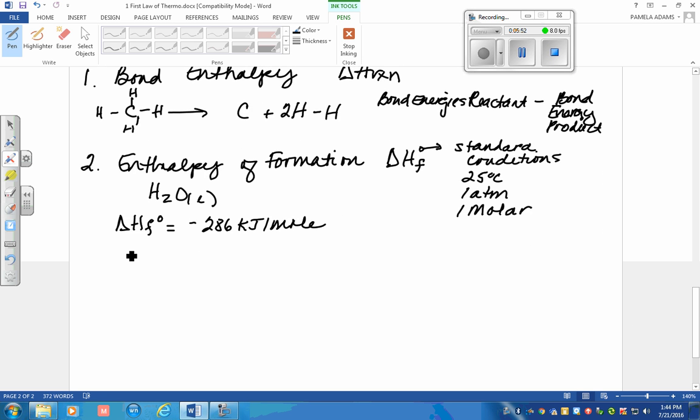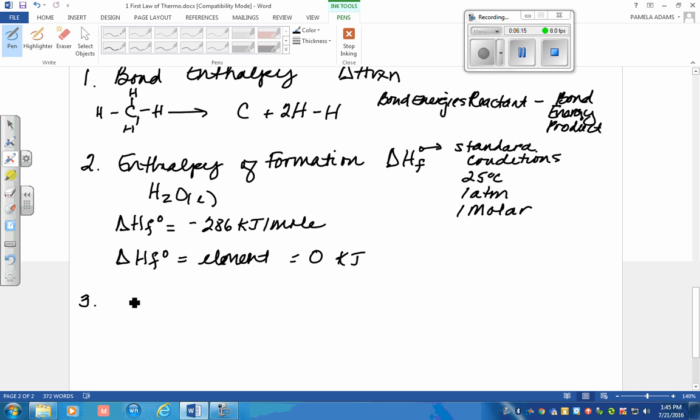By definition, the enthalpy change of the formation of an element is 0 kilojoules. We're kind of thinking that it was here before we got here, so we don't have to worry about the energy exchange that caused the elements to form.